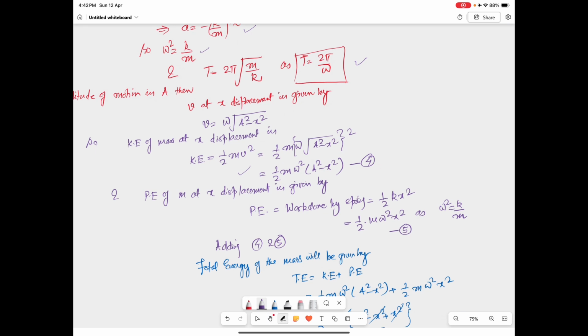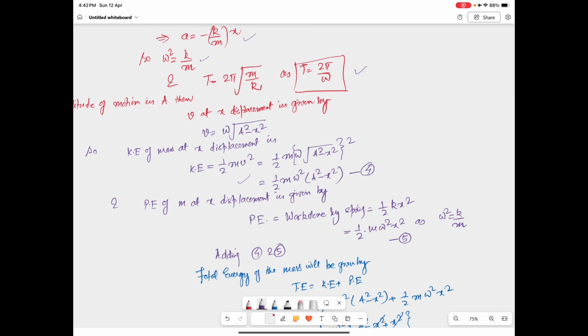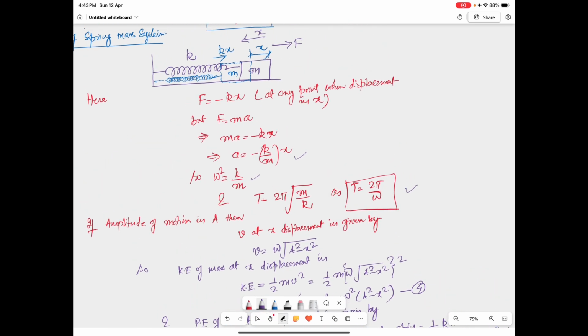But what will be the potential energy? Potential energy of the system, we already know, will be half k x square. When any spring is compressed by a distance x, the energy stored in it will be half k x square, or the work done by the spring will be half k x square. So k value, you can understand from this equation, is m omega square.